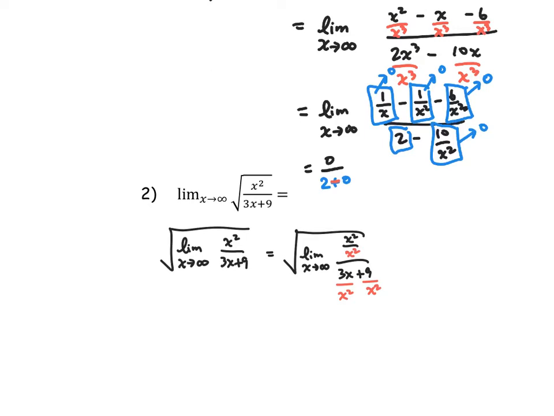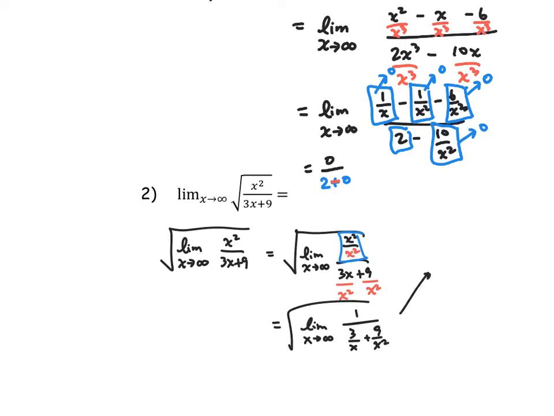As I look at this, this will reduce to 1, so I'll have the limit as x approaches infinity of 1 over 3 over x plus 9 over x squared, square root of all of that.